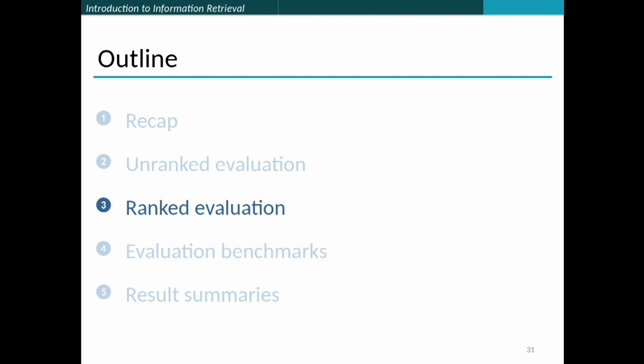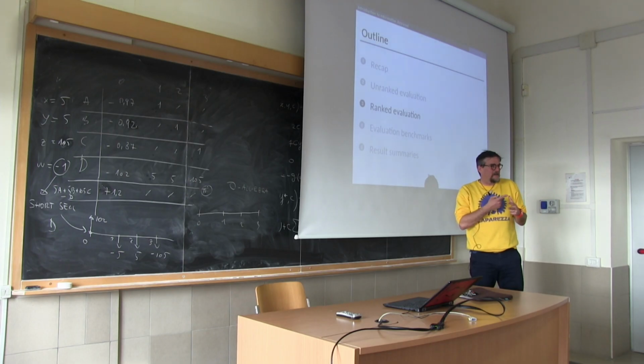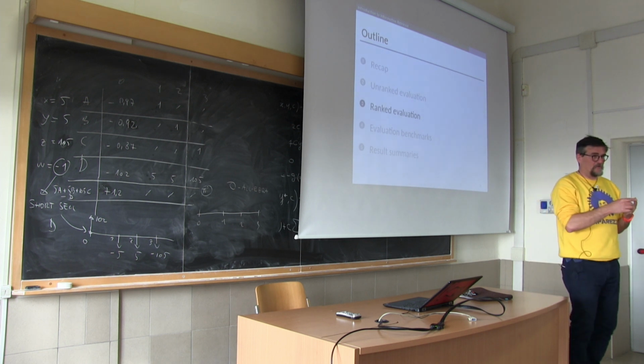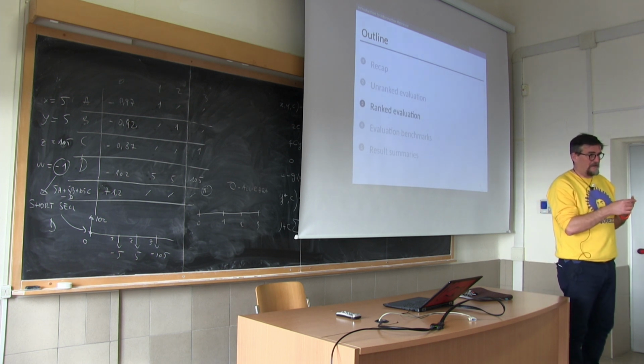So, the concept: we need 3 ingredients: a collection, queries, and for each query-document pair, an evaluation, a judgment. Once we have these, we have 2 main metrics: precision and recall.